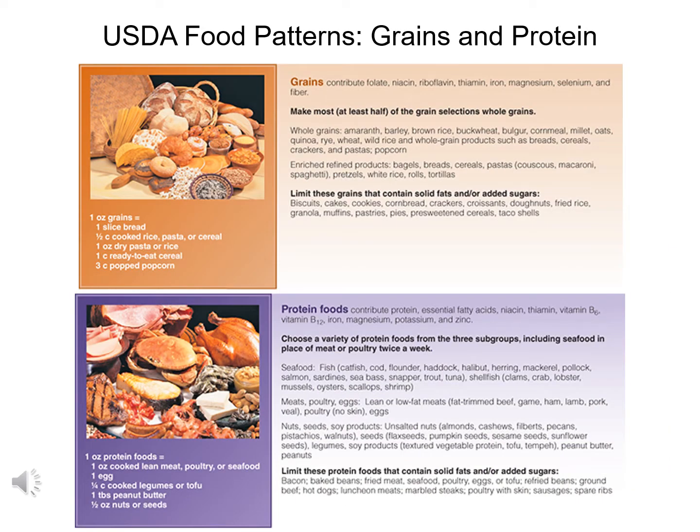The next food group includes the grains. Once again, you can see the nutrients which we're going to find in larger amounts in this particular food group: folate, niacin, riboflavin, thiamine, iron, magnesium, selenium, and fiber. What we want to try to do with this group is to select those grains which are actually noted as being whole grains.